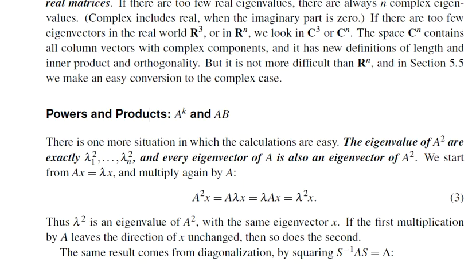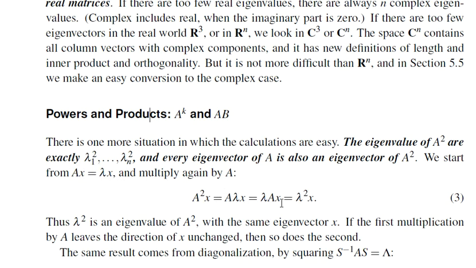So the statement says that if the eigenvalues of A are lambda 1 and lambda 2, then the eigenvalues of A square are lambda 1 square and lambda 2 square, and every eigenvector of A is also an eigenvector of A square. We start from Ax is equal to lambda x. This is our main equation, and we multiply again by A on either side. So we get A square x is equal to A into lambda x.